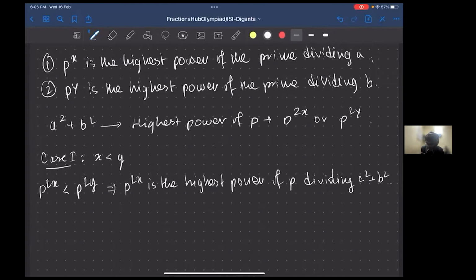Now, this is for a square plus b square.